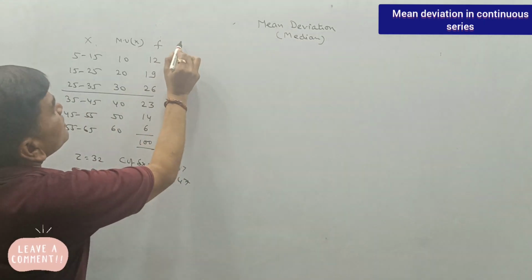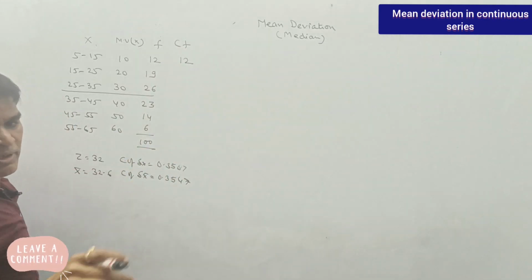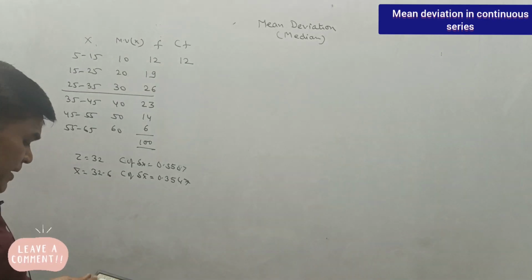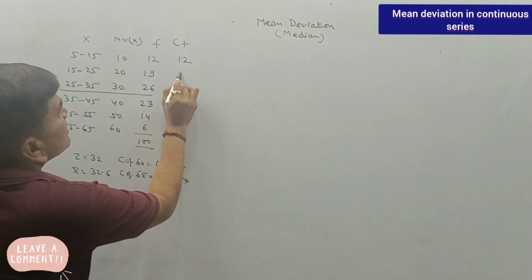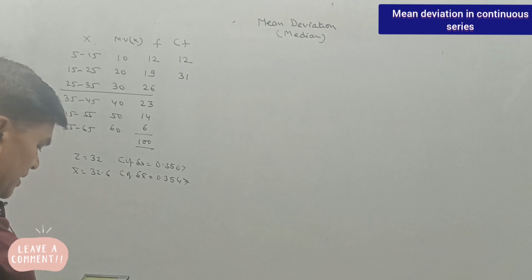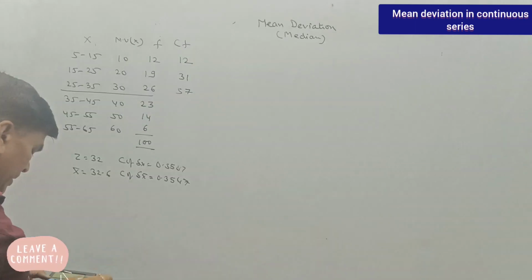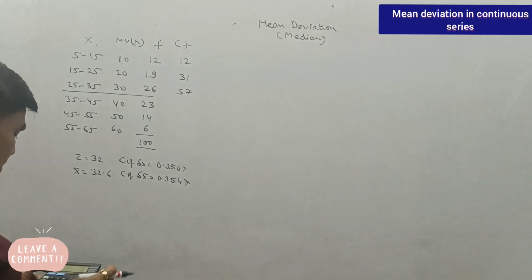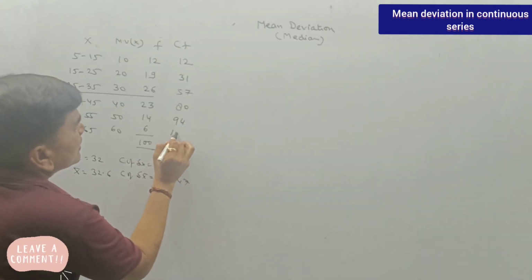For median we want cumulative frequency: 12 plus 19 is 31, then 26, that is 57, then 23, that may be 80, then 94, and then 100.